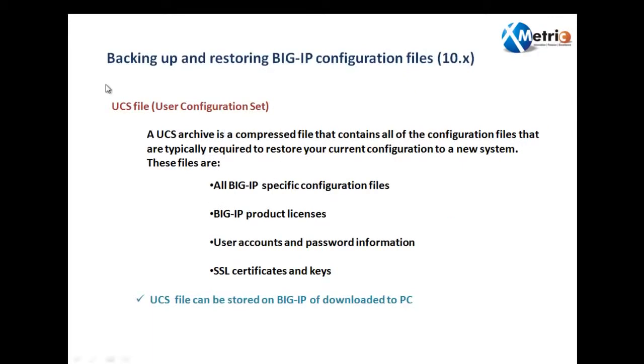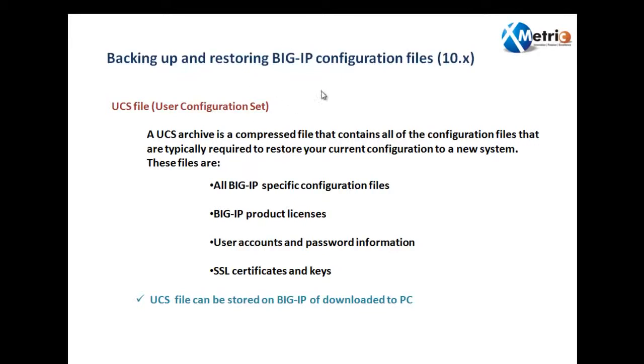When we create a backup, we are basically creating a UCS file, which is called a user configuration set. A UCS archive is a compressed file which contains all the configuration files typically required to restore the current configuration to the same system or to a new system in case of RMA. These files contain all Big IP specific configuration files, the Big IP product license, user accounts and password information, SSL certificates and keys.